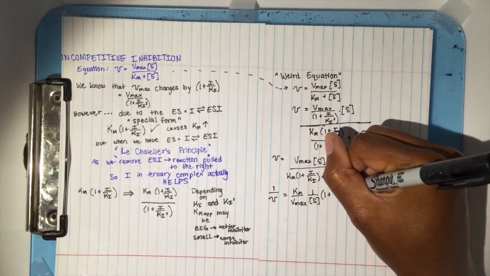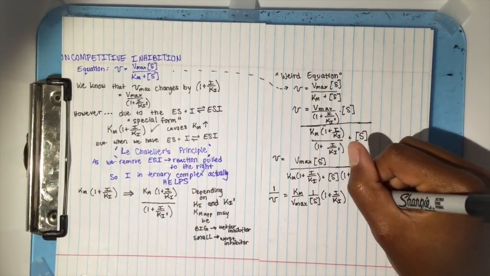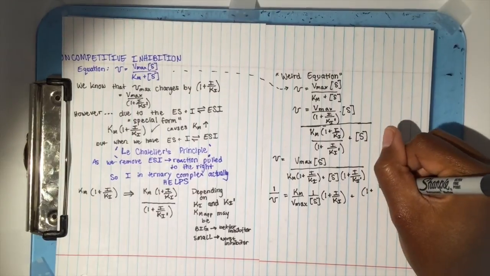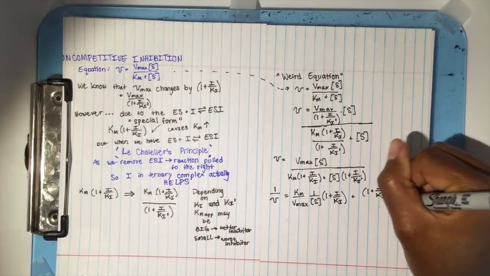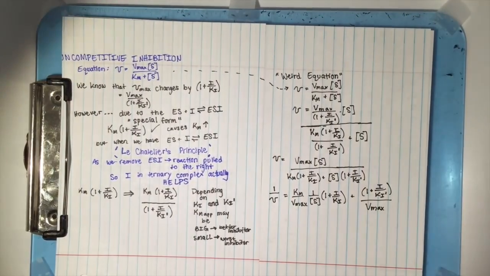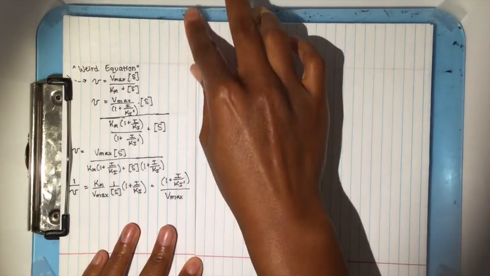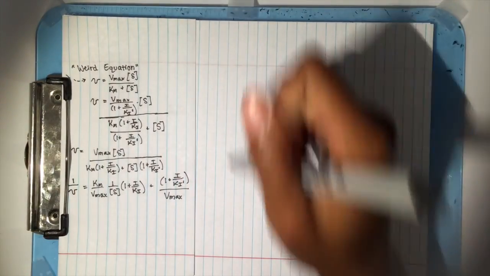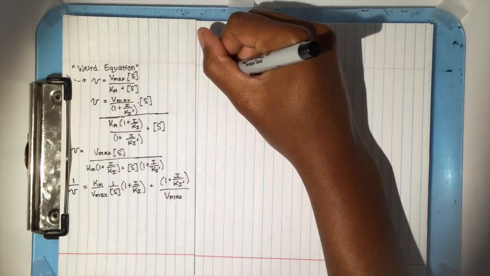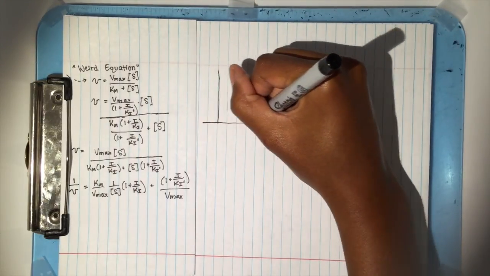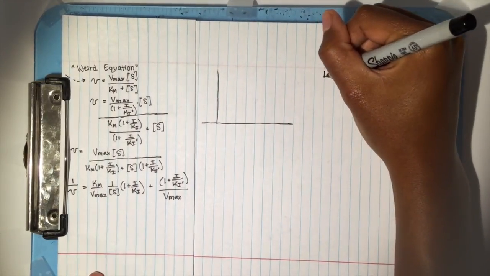And so rearranging that into our Lineweaver-Burk form, we get the following. Okay, so doing a little bit more readjusting, we can now go ahead and get started with our graphs for mixed noncompetitive inhibition.